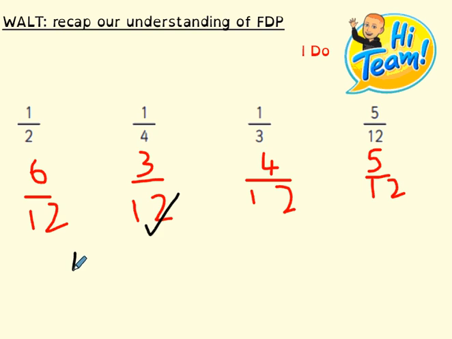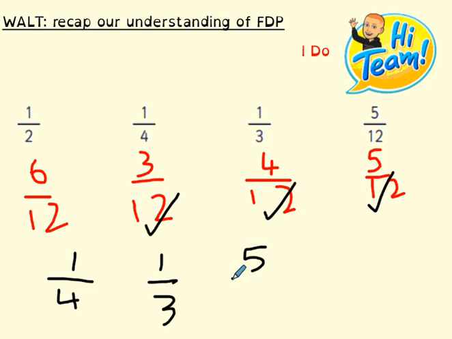I can see that 1/3 is the next fraction in my order, 5/12, which was my original fraction anyway, is next, leaving me with 1/2 as my largest fraction, smallest to largest.